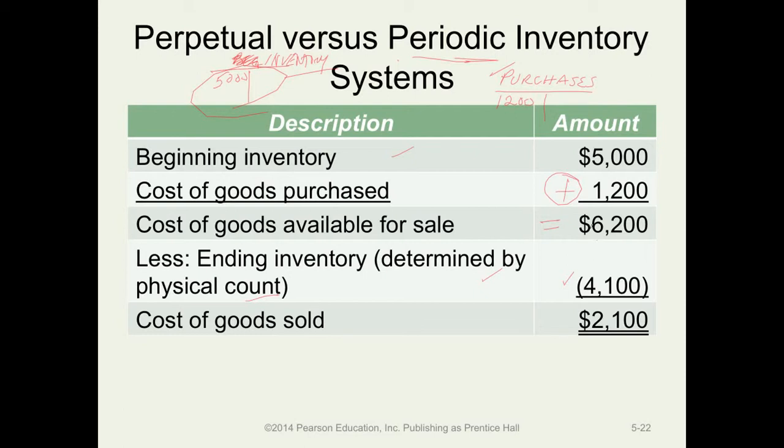Again, the problem with a periodic system is that the ending inventory is not known, cost of goods sold is not known, and of course your profit margin for the period is an unknown until you take this physical inventory. This is the cost of goods sold formula used in a periodic inventory system.